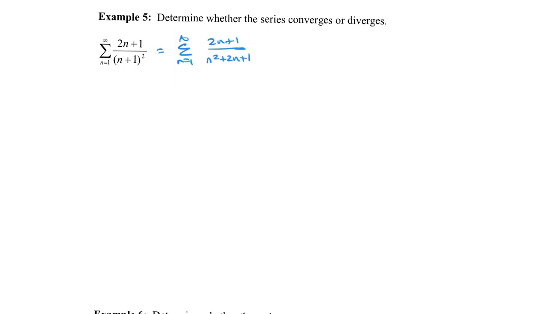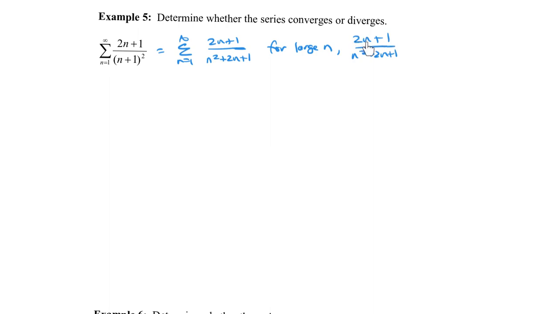And then I'm just going to think, this is just kind of thinking for large n, right? For large n, just to kind of think what would happen with 2n plus 1 over n squared plus 2n plus 1. If we get really huge numbers, well, the numerator is going to be dominated by 2n.